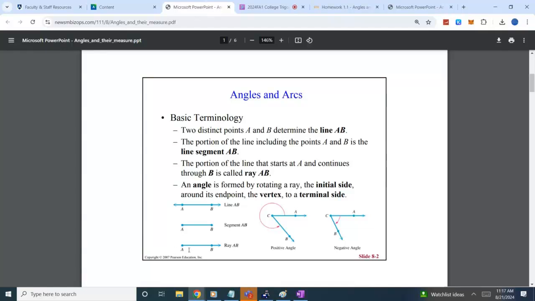Whenever you write out a ray, you must start it with this endpoint. Okay. Now here's where the angles come in. An angle is two rays that meet at a point. That point is called the vertex.